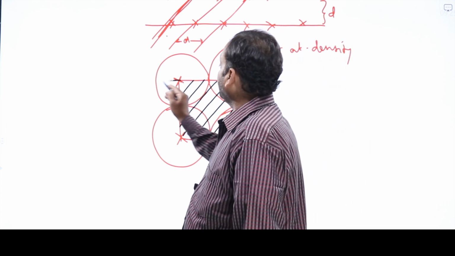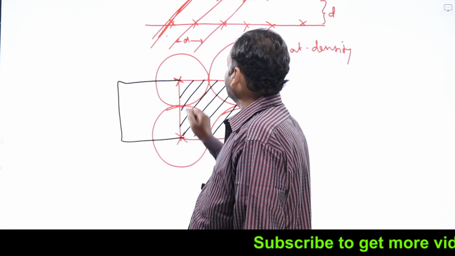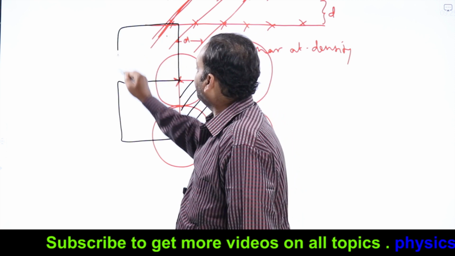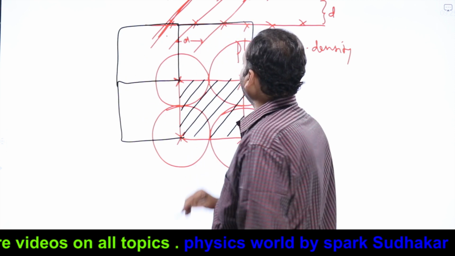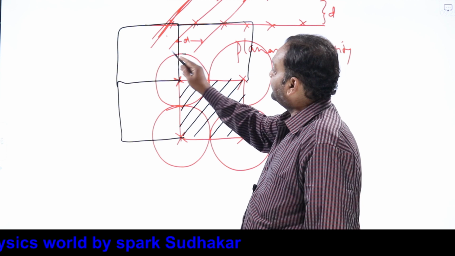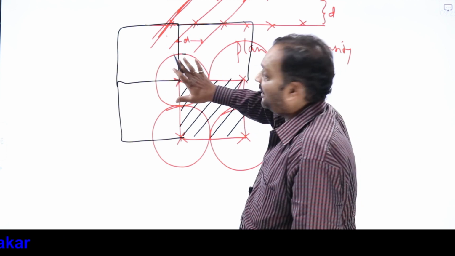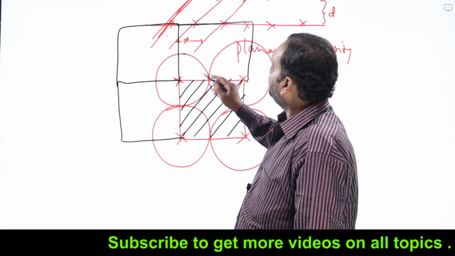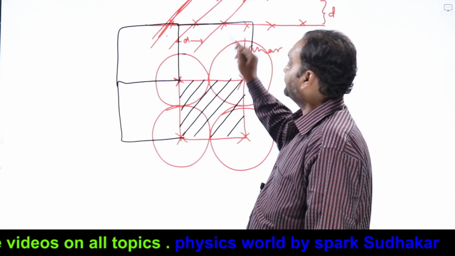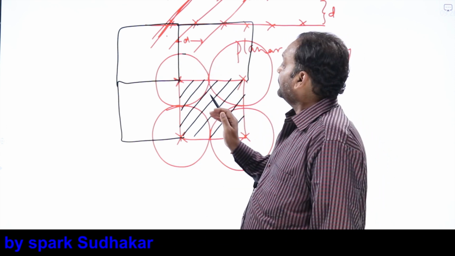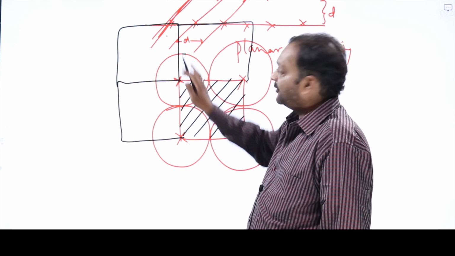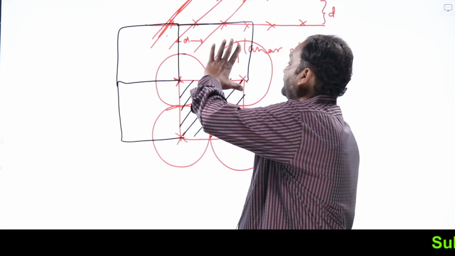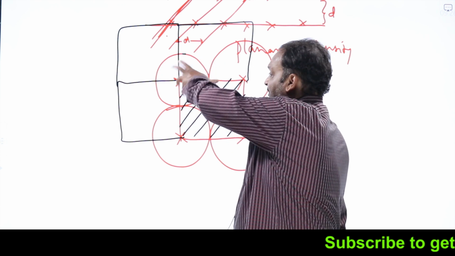There will be one more unit cell to my left, one more unit cell on its top, and one more unit cell on the top of my unit cell. So one atom's entire cross-sectional area is actually covered by 4 unit cells. It is a common atom for 4 unit cells, so 4 unit cells are sharing the atom's cross-sectional area.